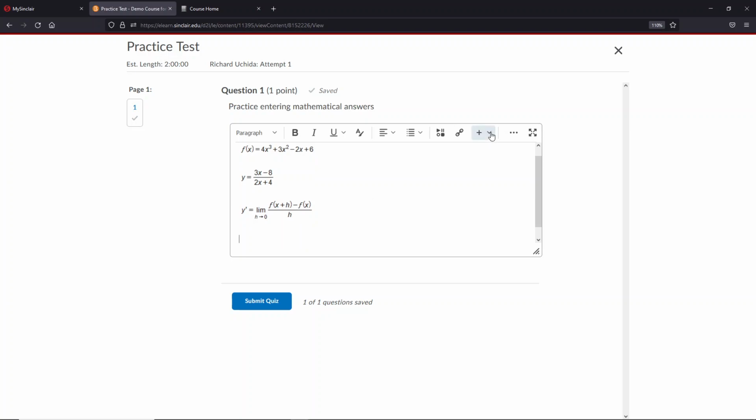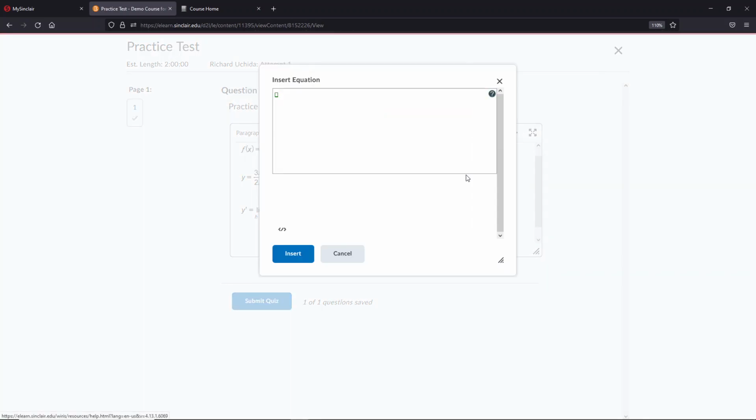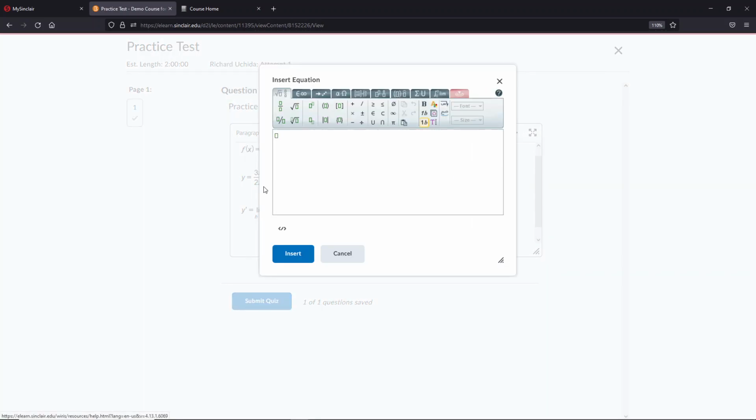Let's practice entering one more, maybe two. Say go into the graphical equations again.